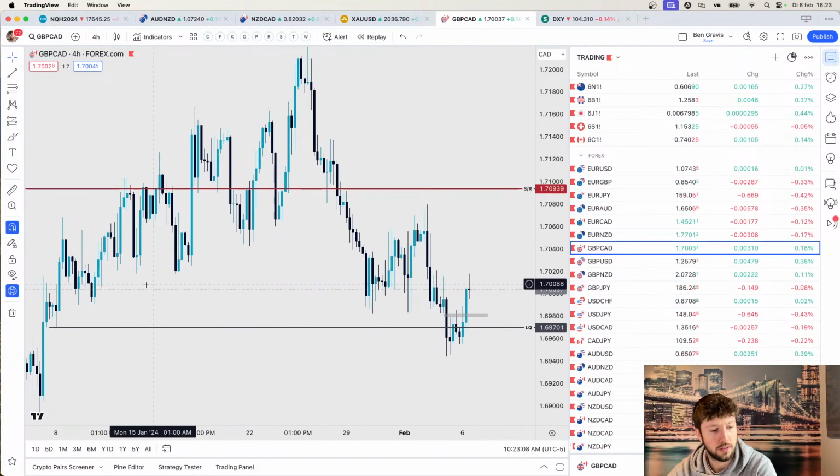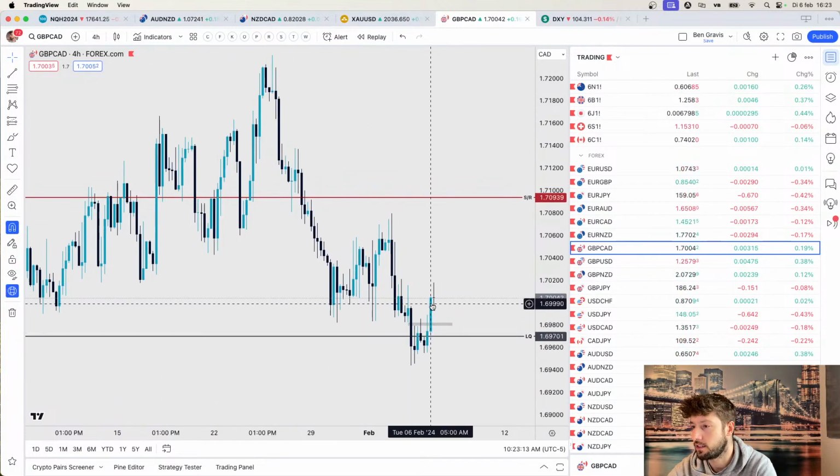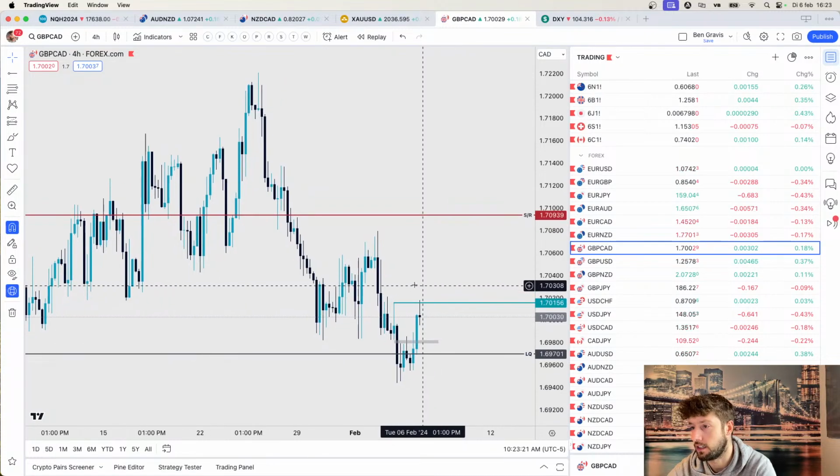So here it also took out the equal lows here. Flipped this fair value gap, but your target is already hit. So target price 1 has hit right now.